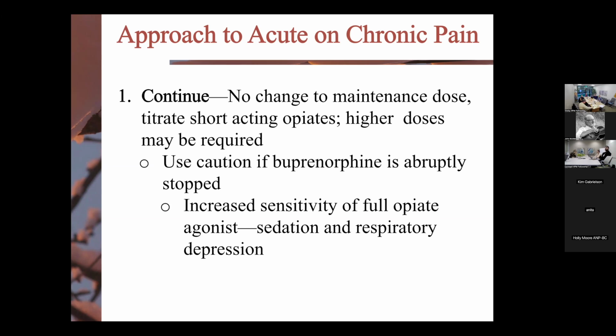Just kind of let it ride where it is. You might see some increased sensitivity to those full opiate agonists. So you do need to watch sedation and respiratory depression when you're using these medications in combination. But if we're sticking with short-acting doses, we should be able to monitor that closely and hold medications or change doses of those short-acting mu agonists as needed.